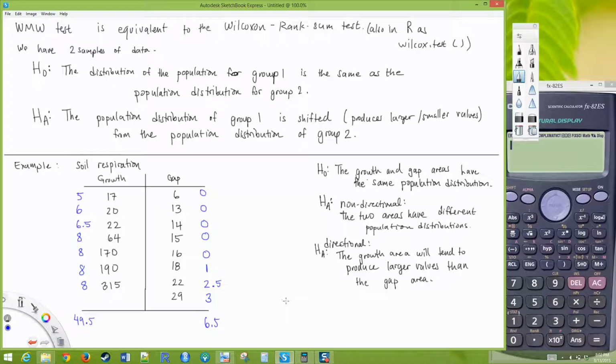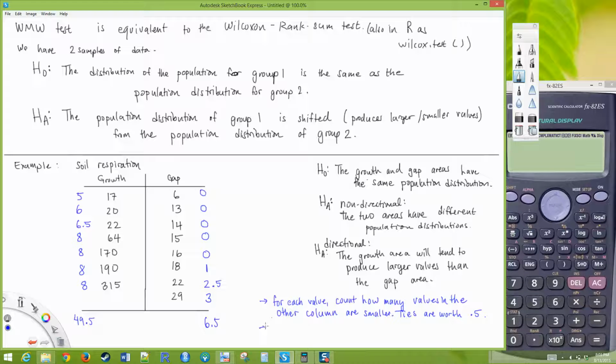So the step here is: count, for each value, how many values in the other column are smaller. Ties are worth 1/2, 0.5.